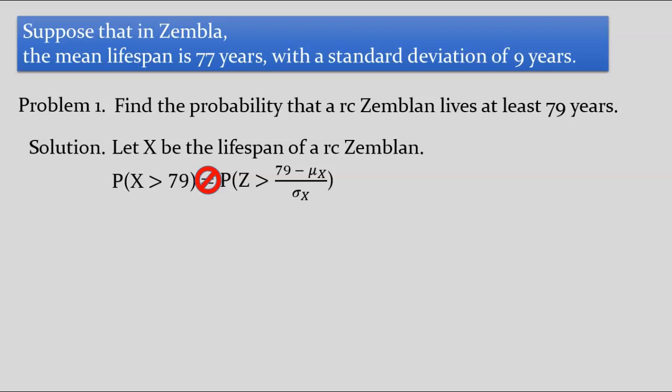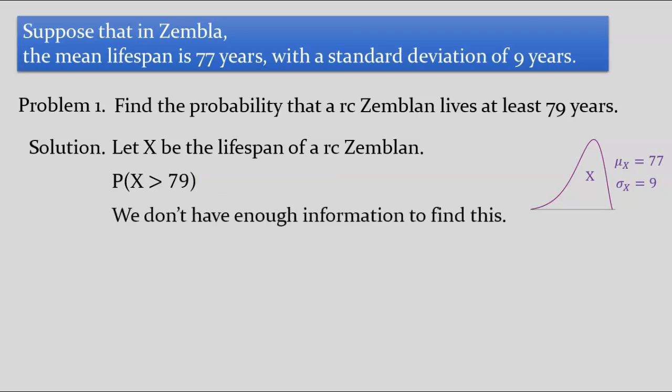We are not told that x is normally distributed. And in fact, lifespan distributions tend to look like this, very strongly skewed, definitely not normal. So even though we know the mean and standard deviation of x, they won't help us answer the question as matters stand. And we must admit that we don't have enough information to find the probability that we seek.